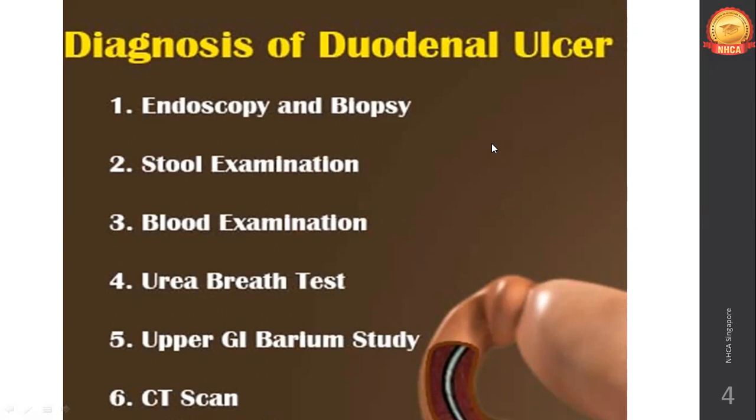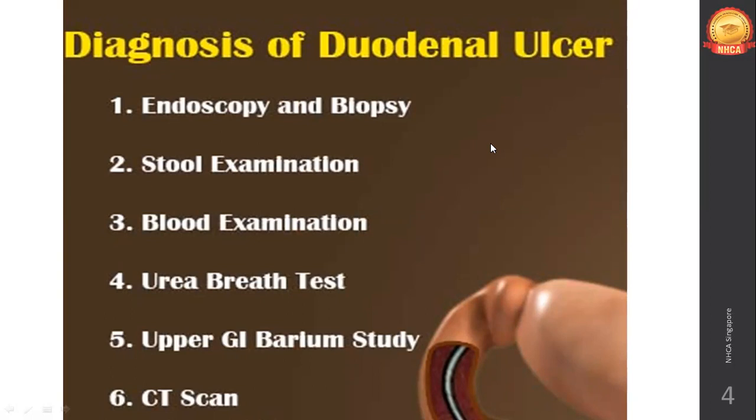Stool examination for dark tarry stool. Blood examination, urea breath test. In the urea breath test, the patient will be given a small amount of an isotope of carbon. The patient will eat it, and after some time, the patient's breath will be collected.